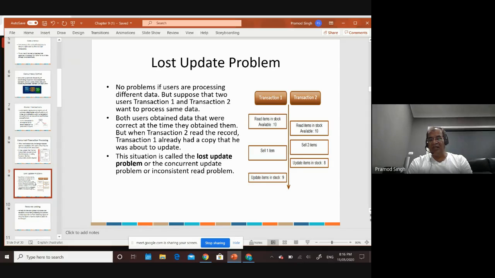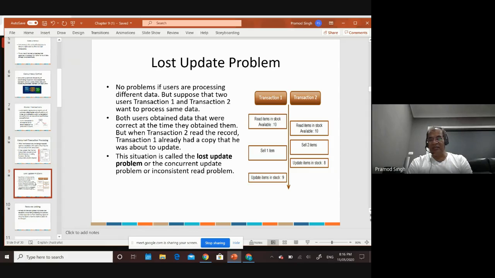So the number of items left in the stock is 8, and that is gone into the database. But transaction 1 completed its activity after that, and it found the total stock left after selling one is 9.